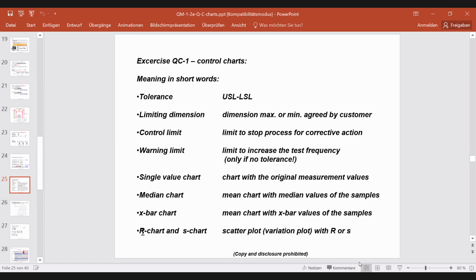You can use the range for the variation plot, or you can use the standard deviation. Standard deviation here in this case is more popular than to use the range chart. In most cases, as I told you, they take the X bar S chart.